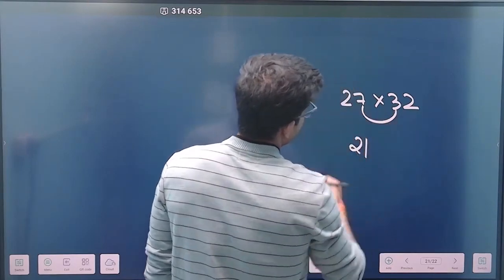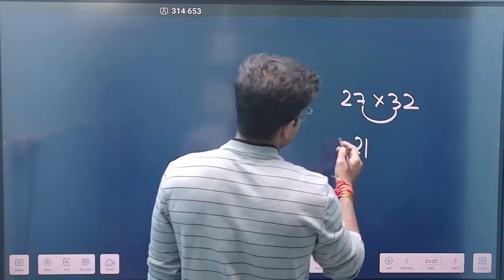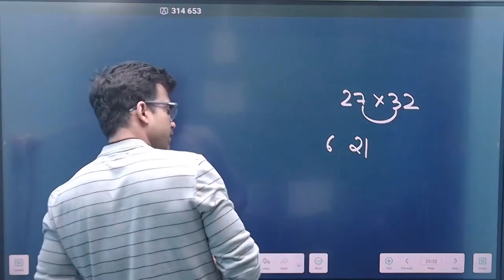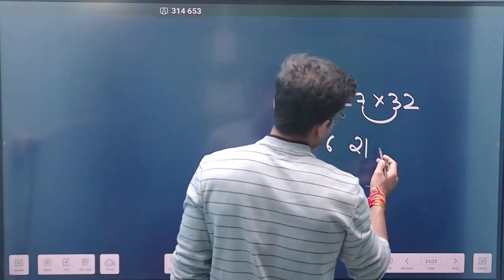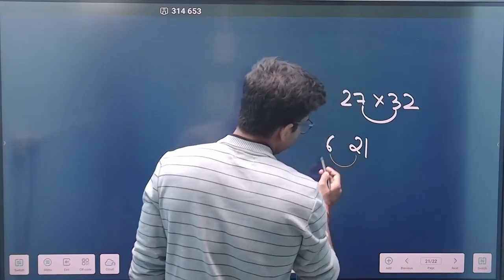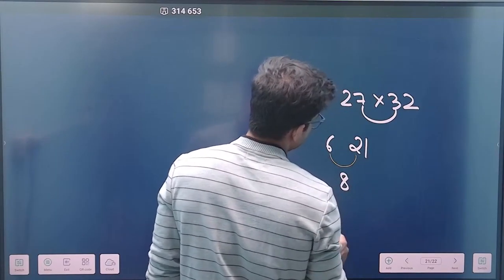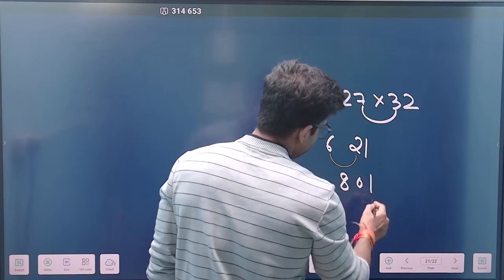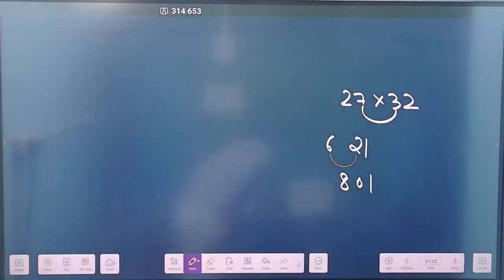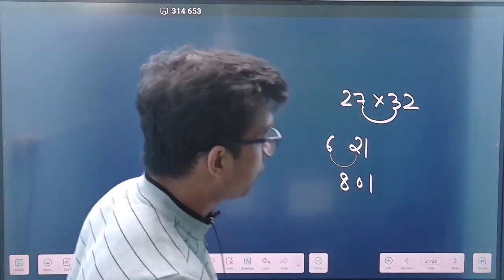And 3 2s are 6. Now write down as it is, okay? 621. Put 1 0 here. Now you need to check the place value. This 21, the 2 will be going here. This becomes 801. Correct? You can also think like that.